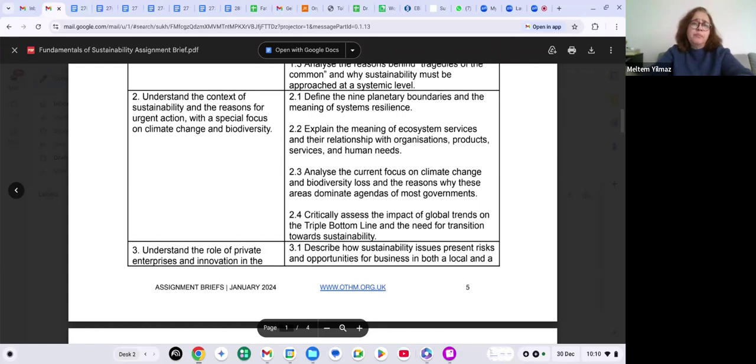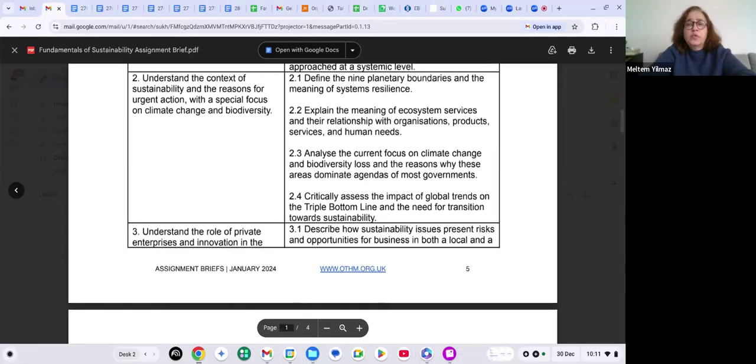In this part, we had four learning targets. First of all, define the 9 planetary boundaries and the meaning of system resilience, and explain the meaning of ecosystem services and their relationship with organizations, products, services, and human needs.